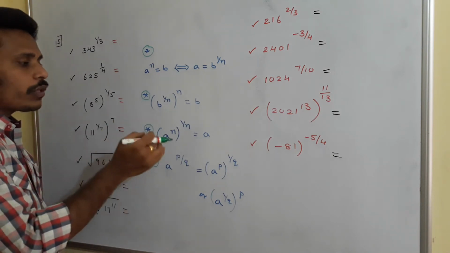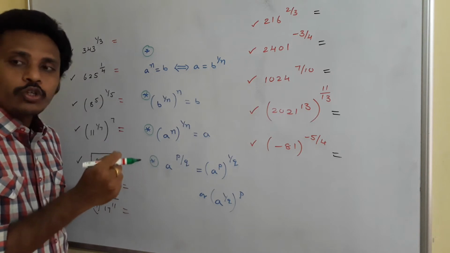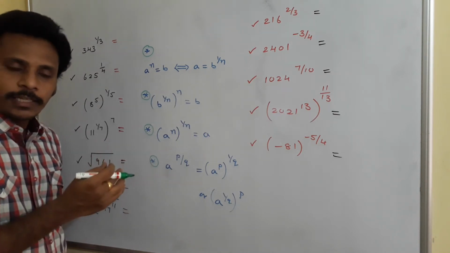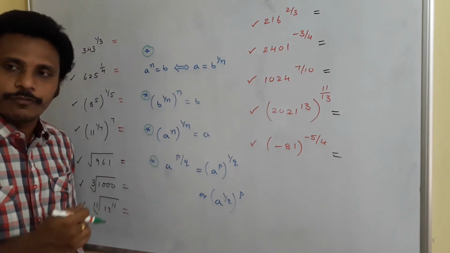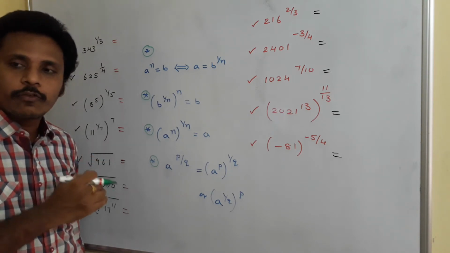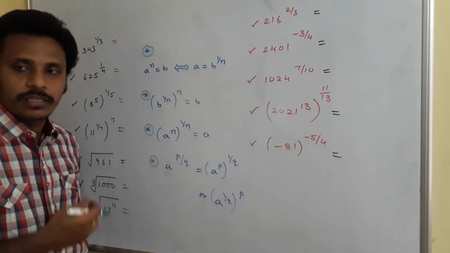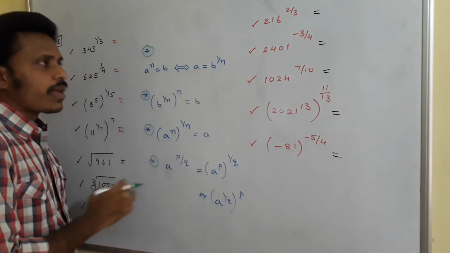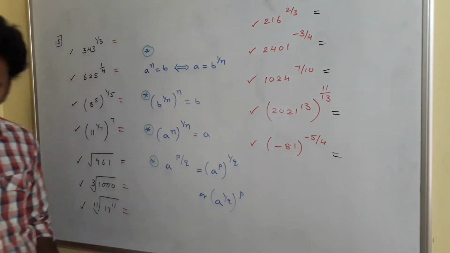Along with these logics, we need the values of the powers of exponents, like 4 power 1 is 4, 4 square is 16, 4 cube is 64, 4 power 4 is 256. We need to memorize at least 5 values for each and every number. I mentioned in the first class to learn all these things, and with those exponent values along with these logics, I am going to answer these questions now. Right? Just have a look.